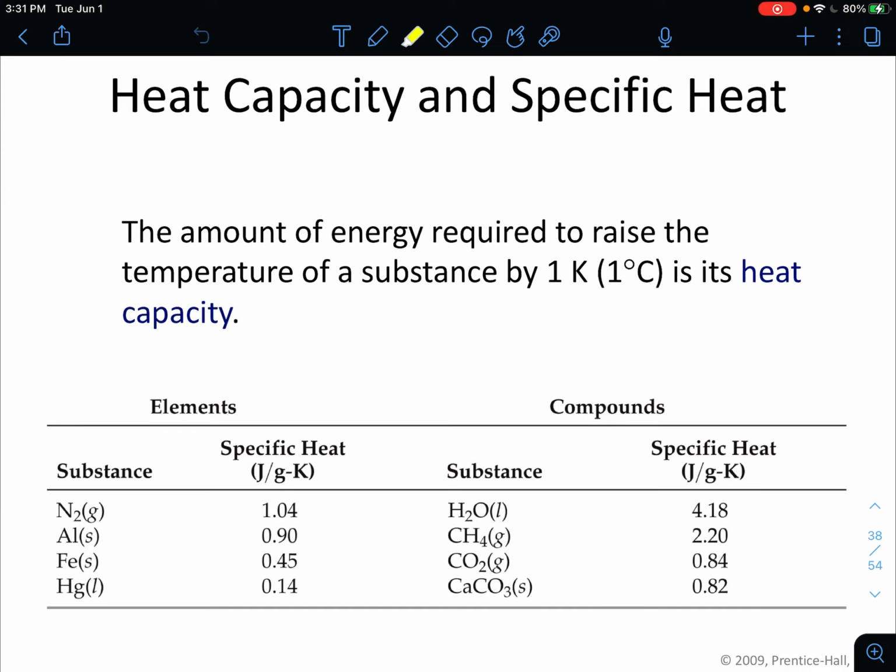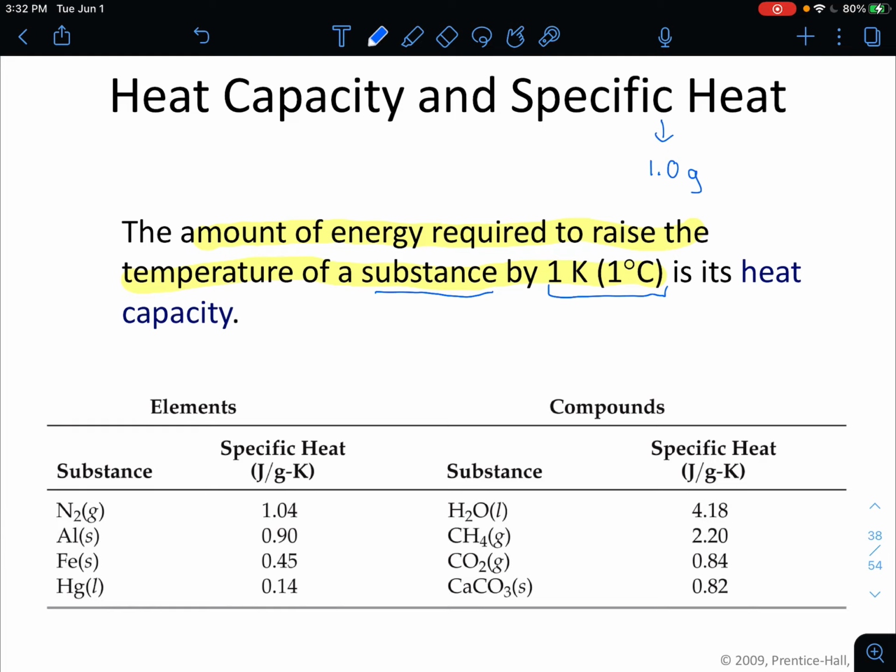And heat capacity is just the amount of energy required to raise the temperature of a substance by 1 Celsius degree or 1 Kelvin. Notice that's interchangeable, right? A change of 1 Kelvin is the same as a change of 1 Celsius degree. So the important thing is heat capacity only talks about substance. It doesn't say a specific amount, but specific heat talks about for 1 gram.